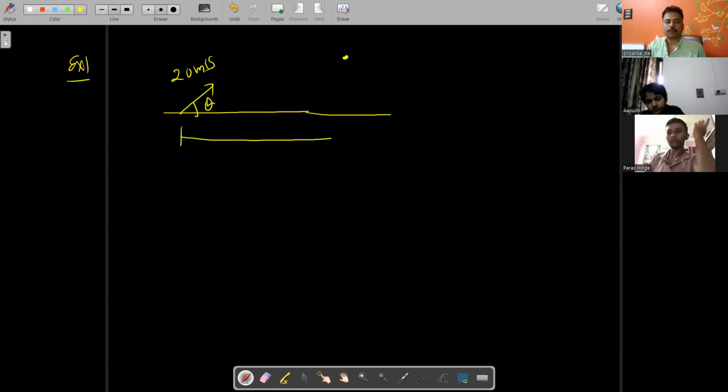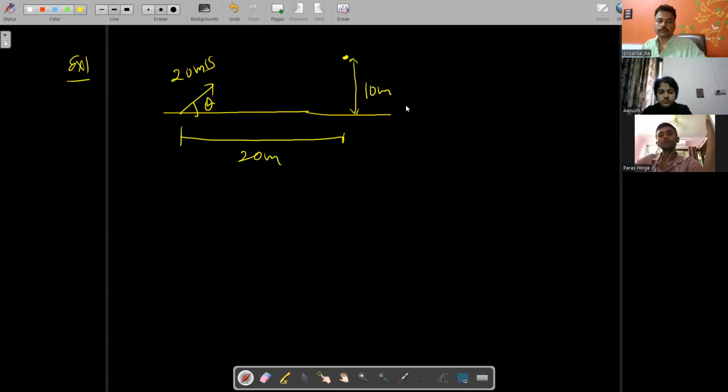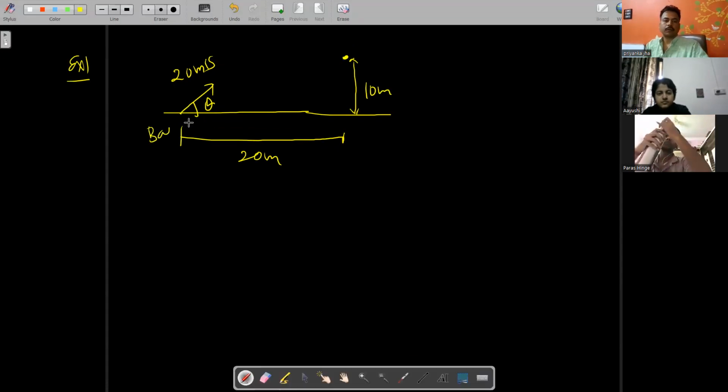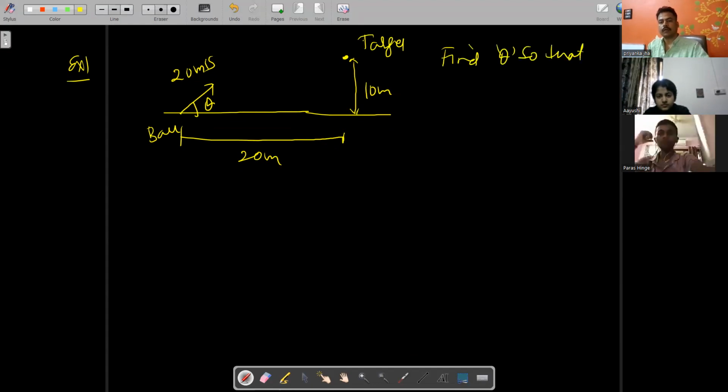The distance from the point where you project the particle to the tree is, let's say, 20 meter, and the height of this fruit from the ground is 10 meter, right? Here is your ball, and this is your target. You have to find the angle theta so that the ball will hit the target.